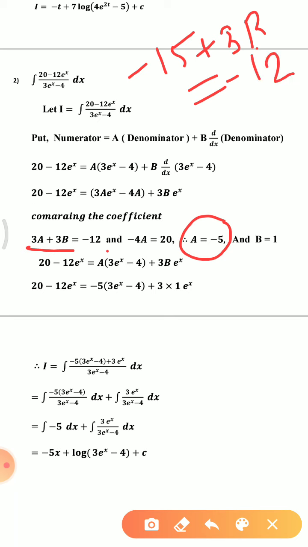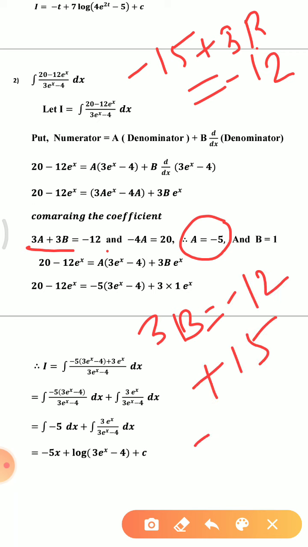Shifting −15 to the other side it becomes +15. That means 3b is equal to −12 plus 15, which is 3, so 3b is equal to 3. That means the value of b is equal to 1. Thus we have solved for a and b.